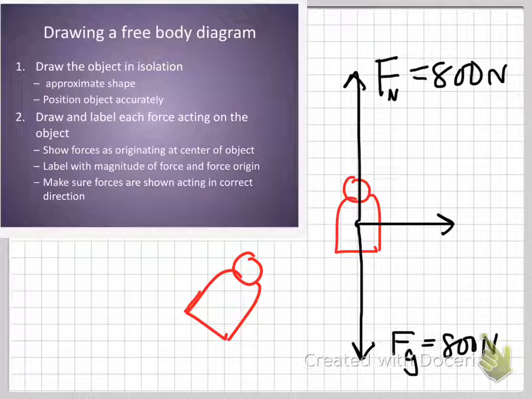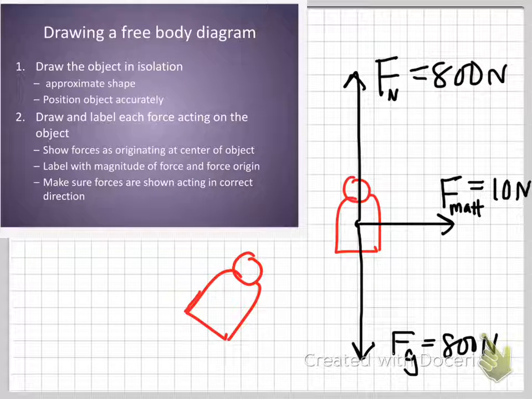If this person is standing there and their friend is pushing on them, so let's say Matt is pushing on this person, we can actually write force of Matt. And if this is 10 newtons, maybe he's not pushing all that hard, we would label that.